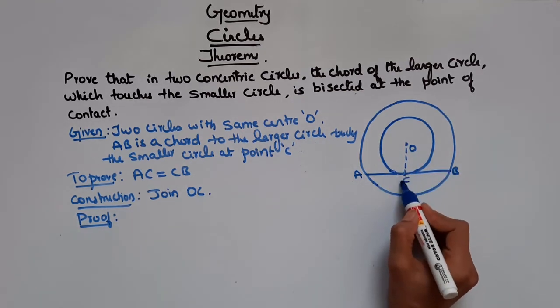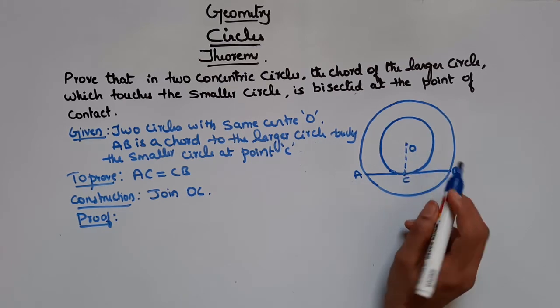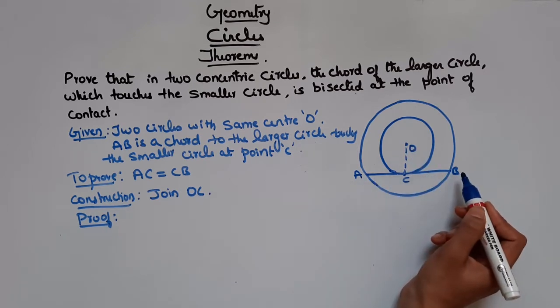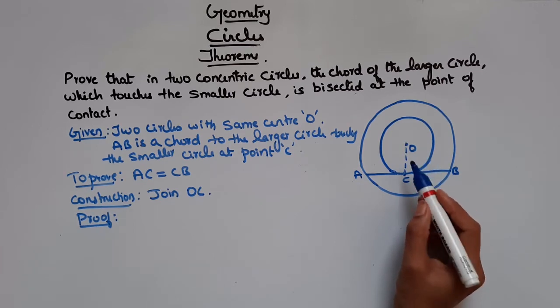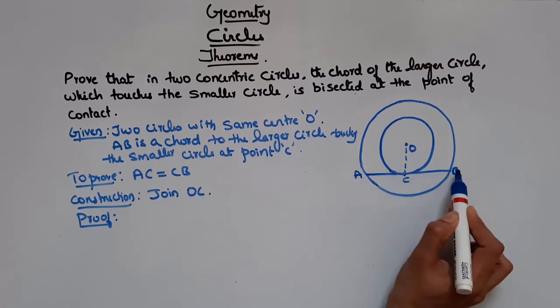Here the point of contact is C and OC is the radius through C, right? So by theorem 1 we can say OC is perpendicular to AB. Theorem 1 states that the tangent at any point of a circle is perpendicular to the radius through the point of contact. So we can say OC is perpendicular to AB.